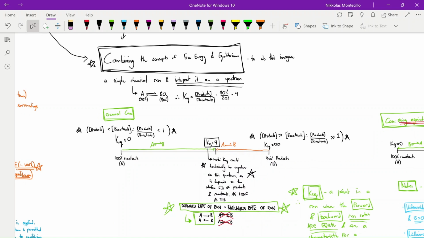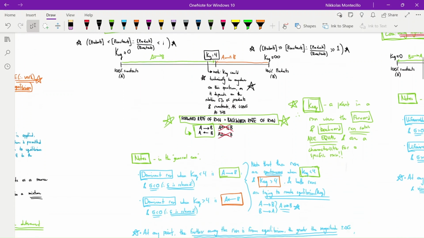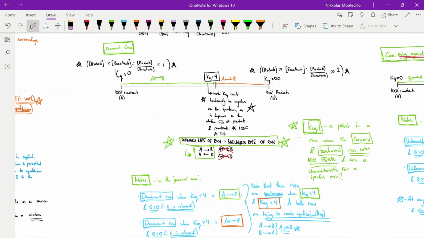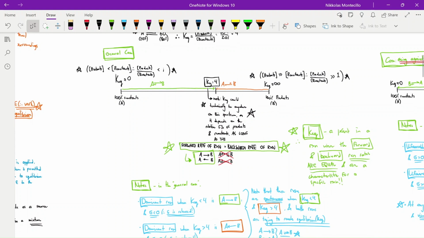So KEQ is a point in a reaction where the forward and backward reaction rates are equal and are characteristic for a specific reaction. So in the general case, as I explained before, in the dominant reaction, when KEQ is less than 4, a lot of A will be converted to B, and therefore G is less than 0.